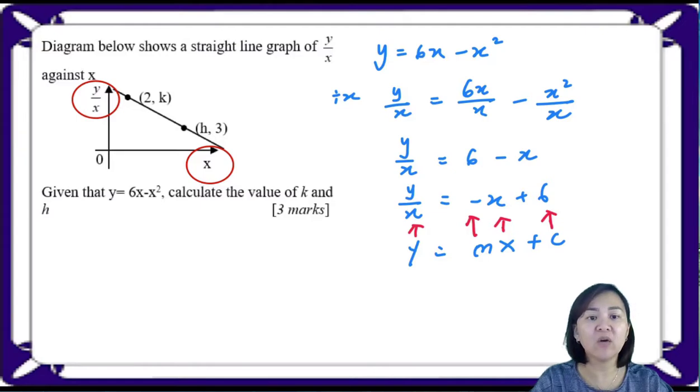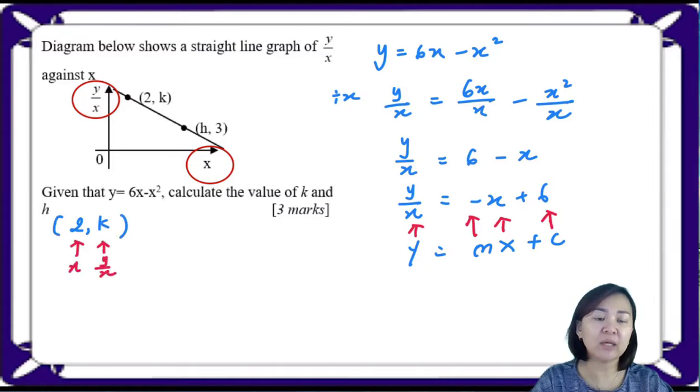To get the value of k and h, we can use both points and substitute them into the linear equation. Let's start with the point 2, k. Bear in mind, your value of 2 is x and your value of k is y over x, not the value of y.